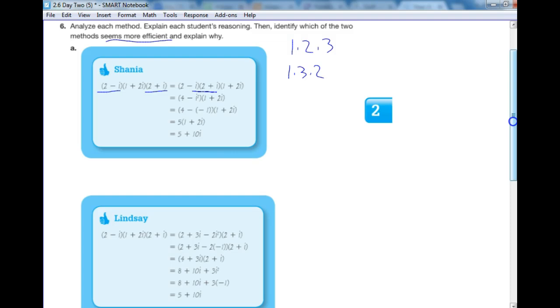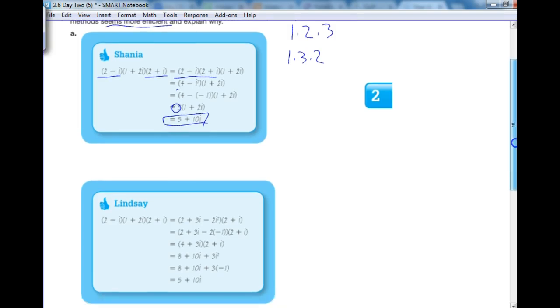I'm going to multiply these conjugates really quick because I know whenever I multiply those, I get a real number every time. So she took her 2 times 2 for her 4, plus 2i minus 2i. They died. She got her minus i squared. She said, oh, that's really 4 minus negative 1. So that whole, when I multiply those, it's just 5. And then she took that 5 times her 1 plus 2i to come to a real quick 5 plus 10i.